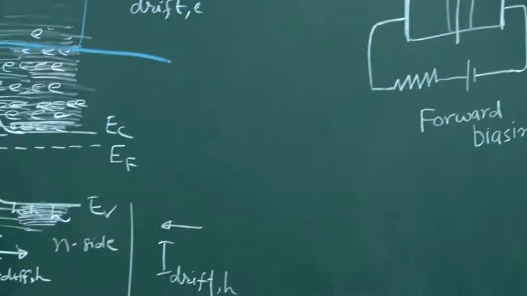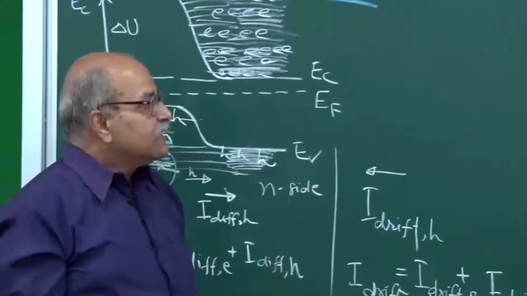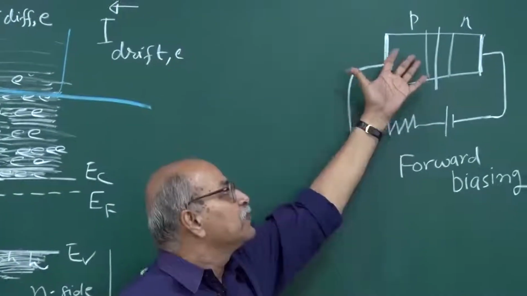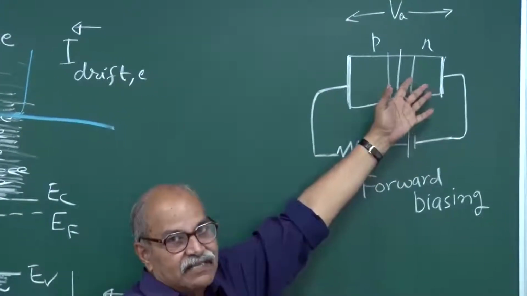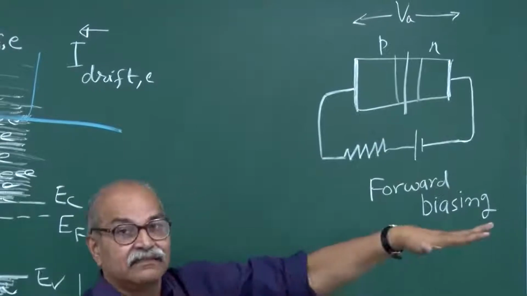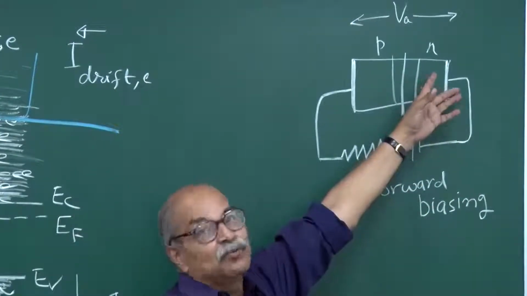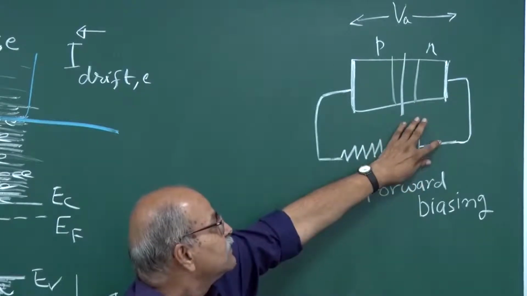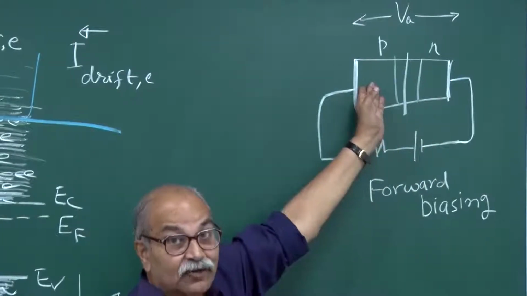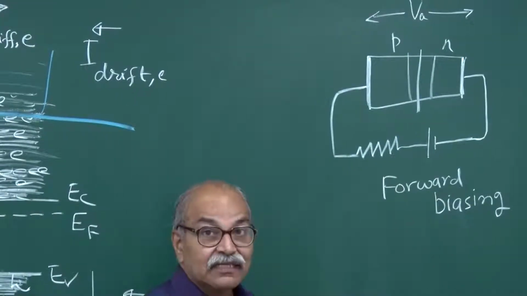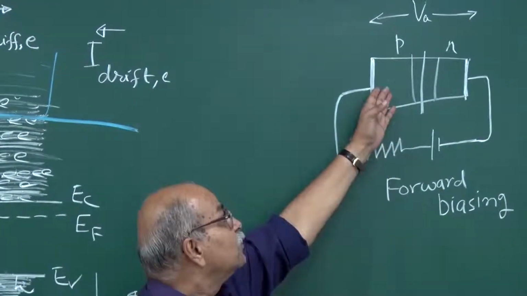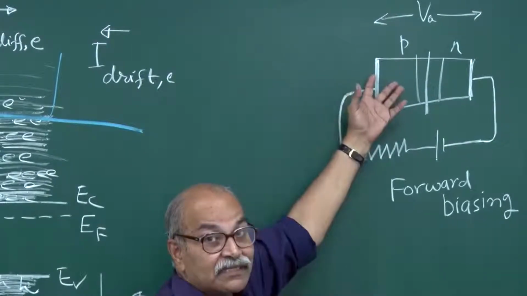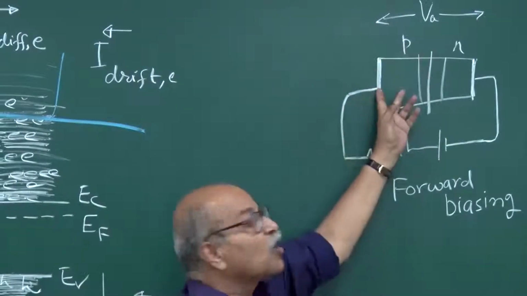What will happen? We are increasing the potential of this P side as compared to the N side. If I take this N side as the reference side, zero potential, then before this cell was connected, this was already at some potential, you know that. And now we are putting extra potential there. This VA is on top of that.